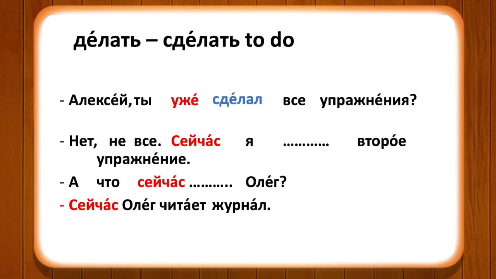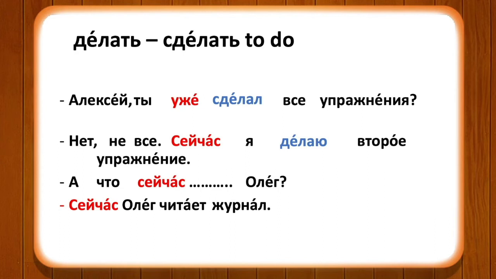To denote an action which is in progress in present, we use a verb of imperfective aspect. So делать will be used, conjugated according to the pronoun я. So сейчас я делаю второе упражнение. Right now I am doing the second exercise.